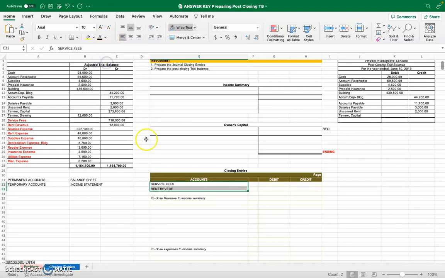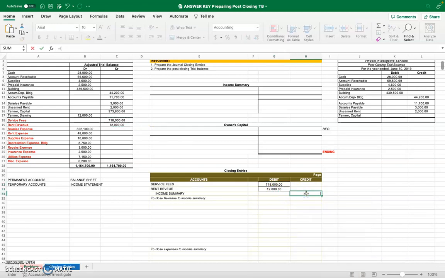And then after that, we will write on the credit side income summary. Okay, and the amount of service fees here is 718,000, while rent revenue is 12,000 pesos. So that's it. Now, how do we get the income summary amount?